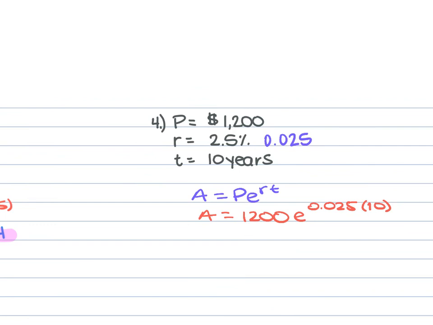So in our calculator, 1200 second ln, that gives us our e to the power of 0.025 times 10 is equal to $1,540.83.